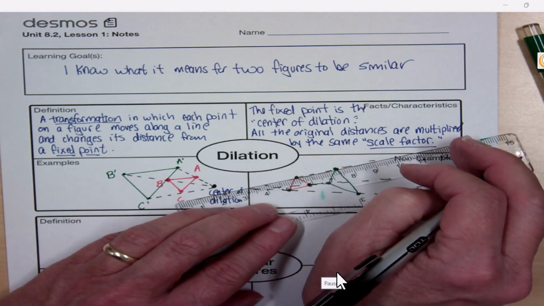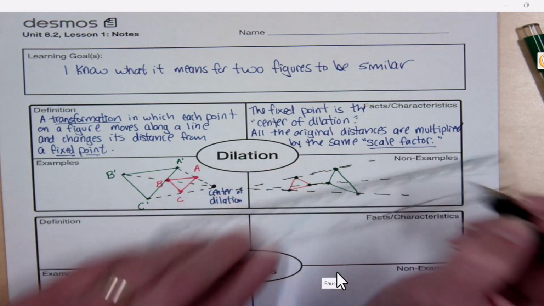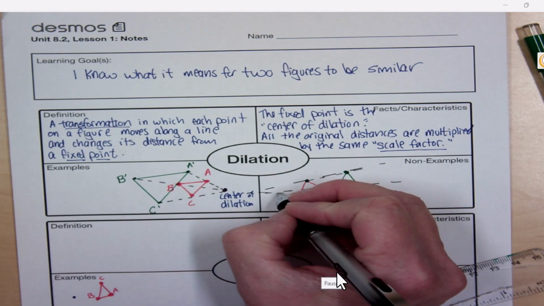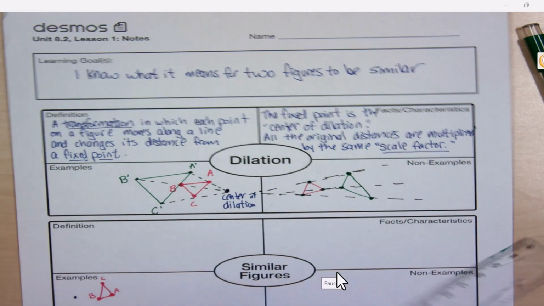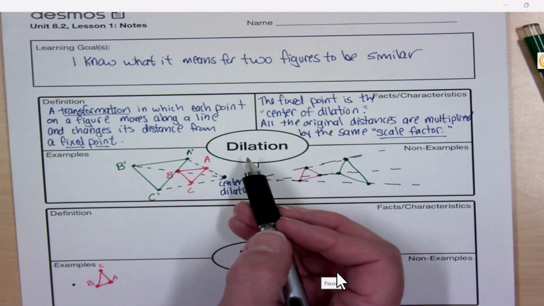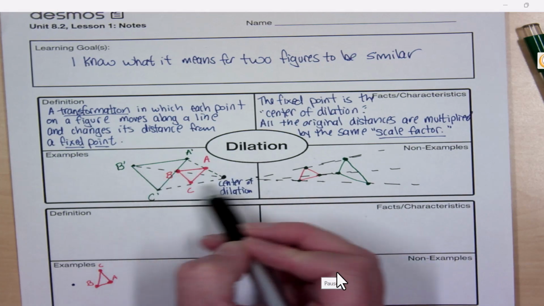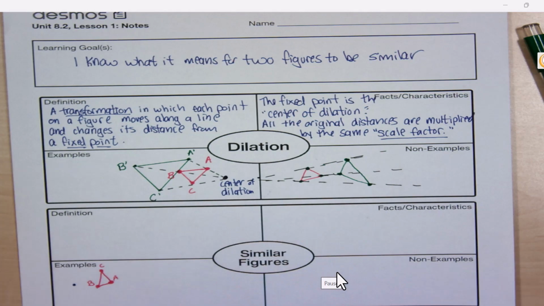One more. No, it looks like 2 lines intersect here and 2 lines intersect there. So those aren't an example of a dilation. A dilation should neatly line up all the corresponding vertices and meet at the center of dilation.